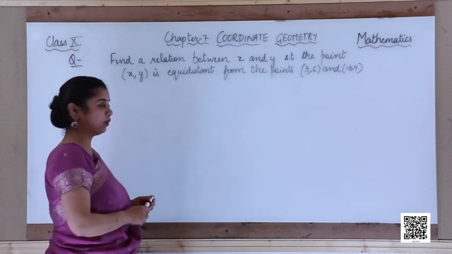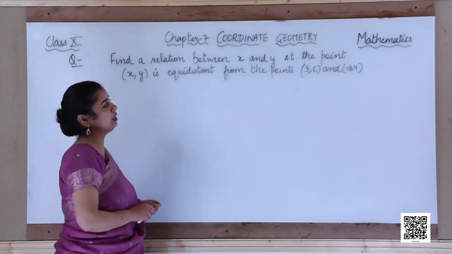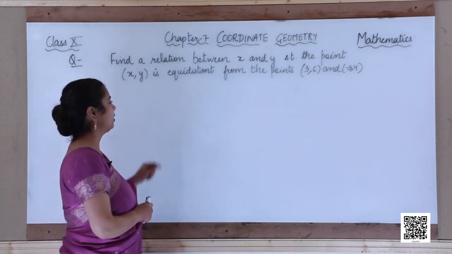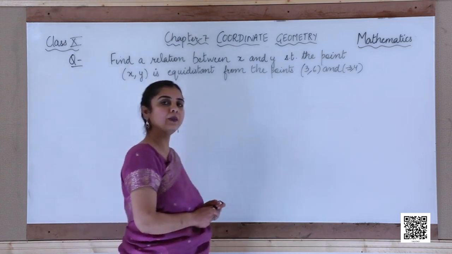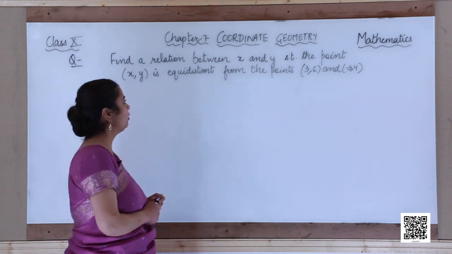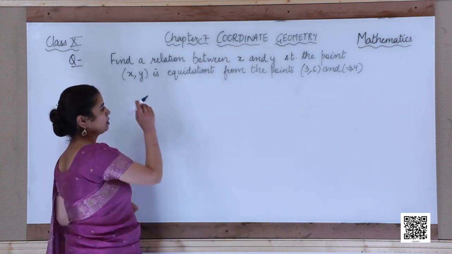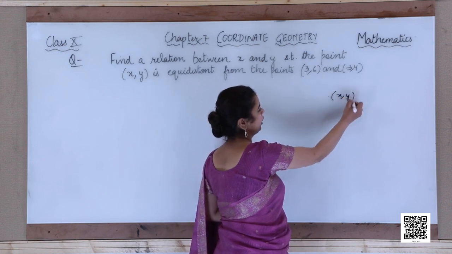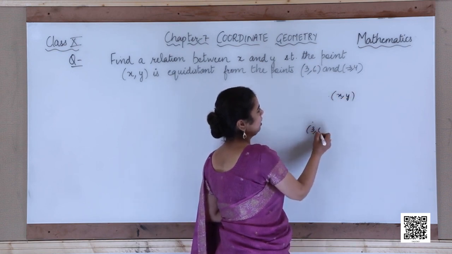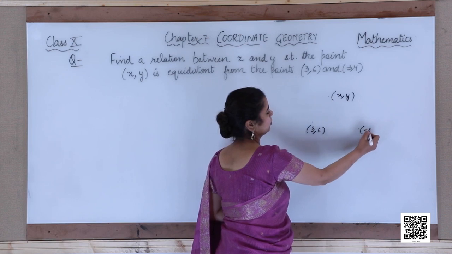Now let us do another question. Find a relation between x and y such that the point (x, y) is equidistant from the points (3, 6) and (minus 3, 4). So here we are talking about 3 points. One is (x, y) and we have the other 2 points (3, 6) and (minus 3, 4).